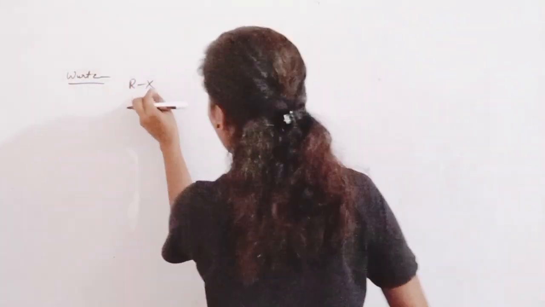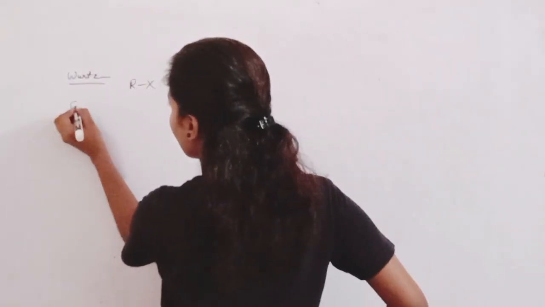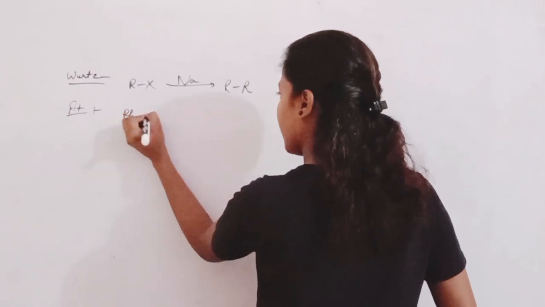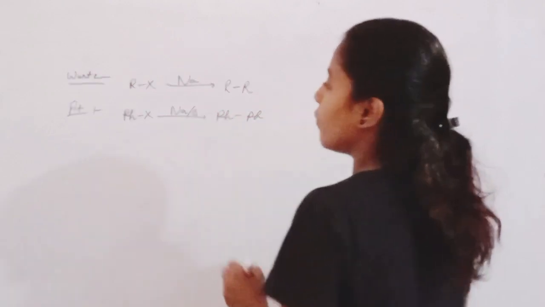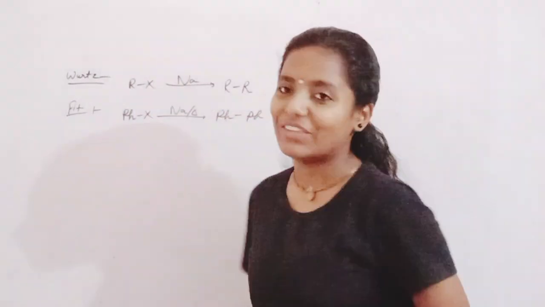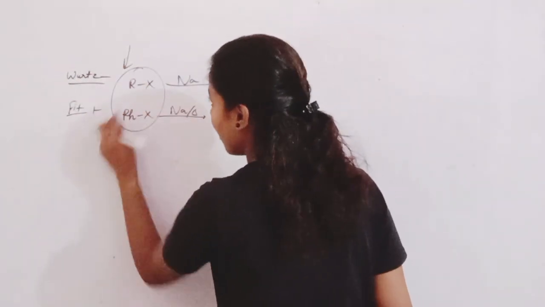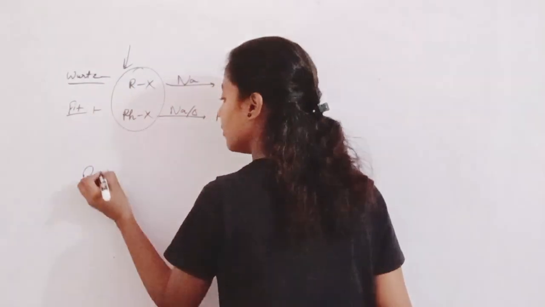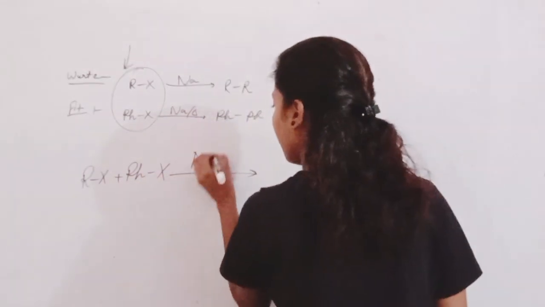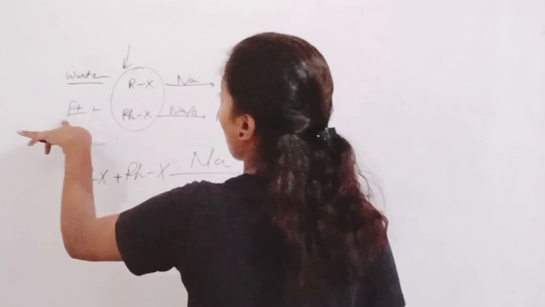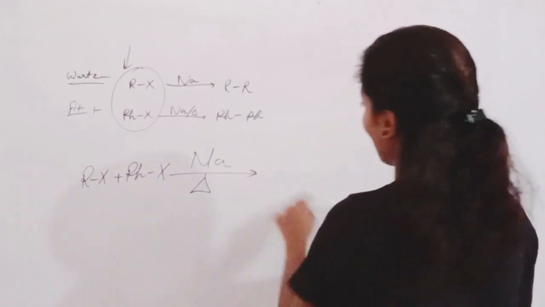R with any alkyl group with any halogen, on adding Na, gives you R bonded to R. The Fittig reaction is any aromatic compound with halogen, on adding Na and heat, gives you Ph bonded to Ph. So they said, let us combine both of the reactions. We take the reactant parts of both reactions, that is R bonded with X plus Ph bonded with X, and on adding Na according to the Wurtz reaction, and Na along with delta according to the Fittig reaction, what are we going to get?